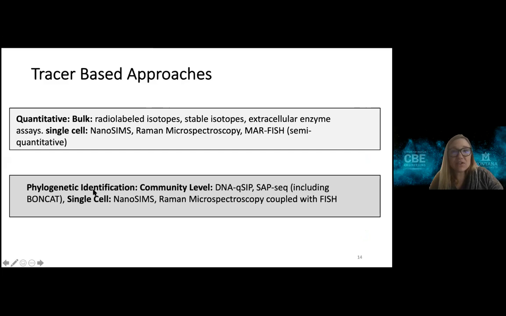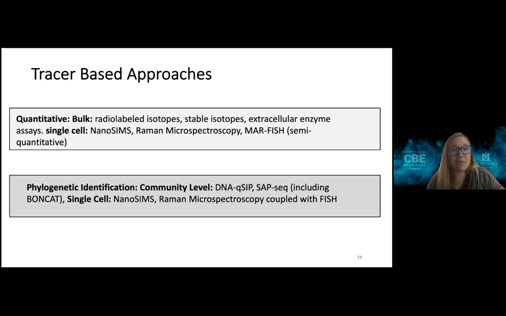So the tracer-based approaches can be broken down a little bit further. Some can be quantitative, so you can get rates of activity. I've done a lot of work with radioisotopes. Radioisotopes are the most sensitive because of our detection capabilities, but this is a bulk technique. We don't know which organisms are necessarily responsible for the activity, but we can get a rate.